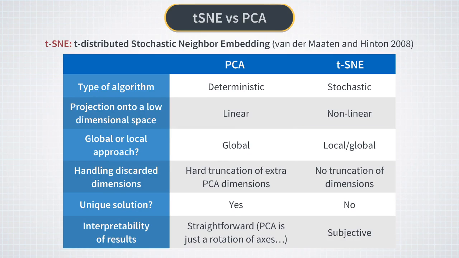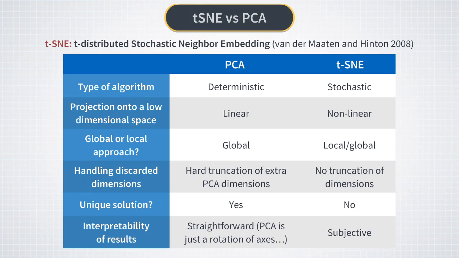The two methods also differ in how they handle extra dimensions. The PCA simply truncates all other principal components when projecting onto a 2D plane. But the tSNE does not discard extra dimensions. Instead, they impact the position of a projection onto the 2D plane.